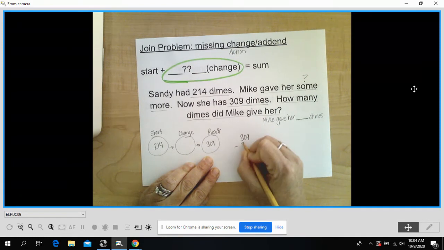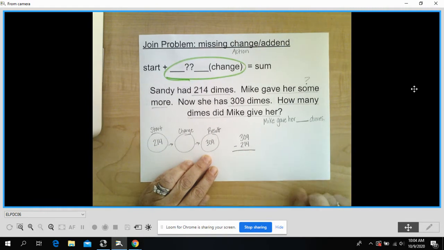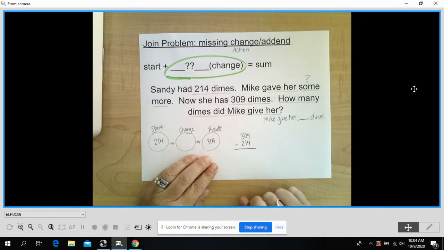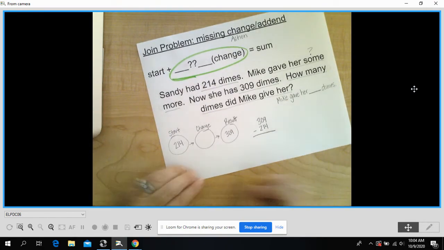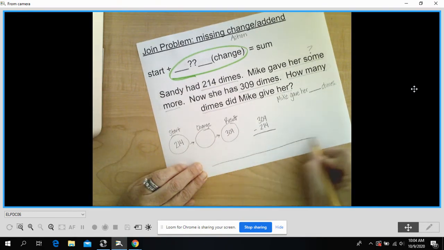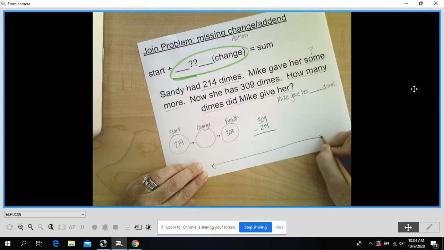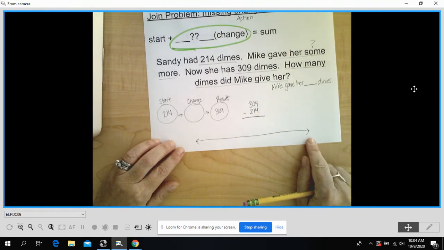I'm going to take away the one she already had, and the answer to that will tell me how many Mike gave her. I'm going to come back and do the subtraction in just a minute. Right now, let's look at this on a number line. The cool thing about a number line is that you are in charge of it. You can do anything to a number line that you want.